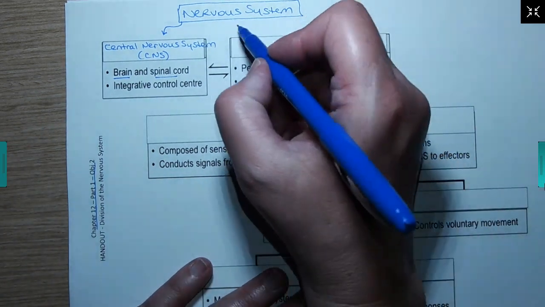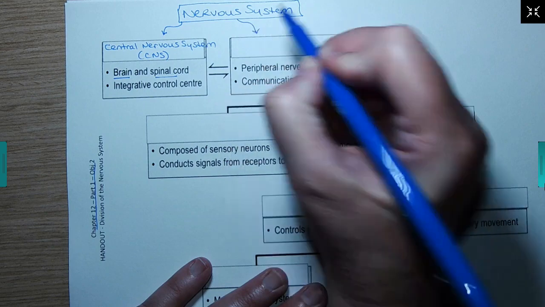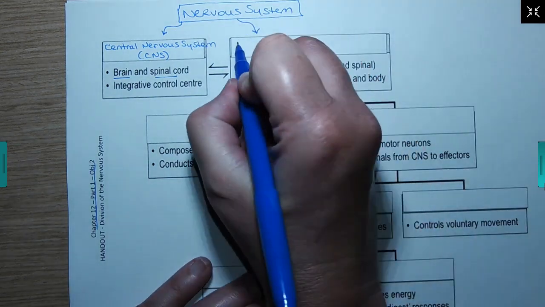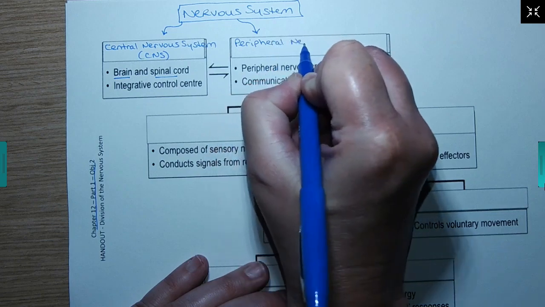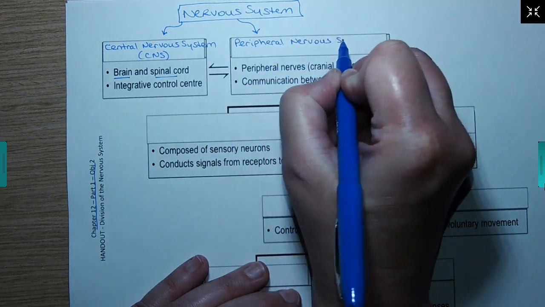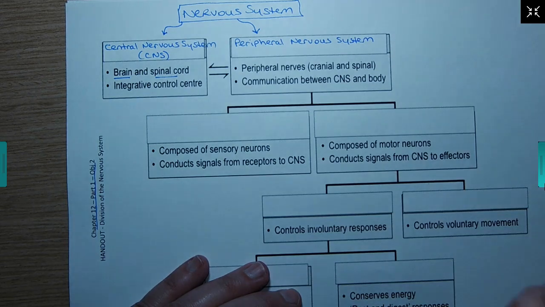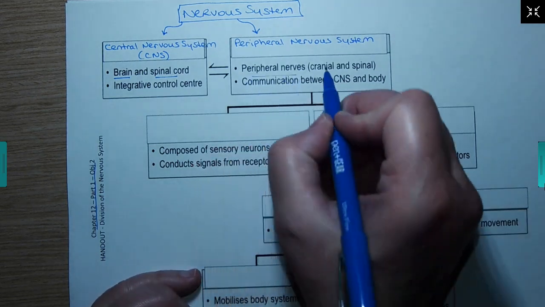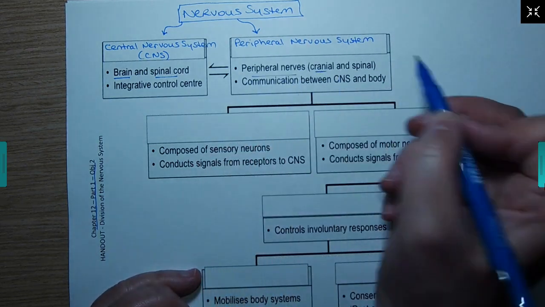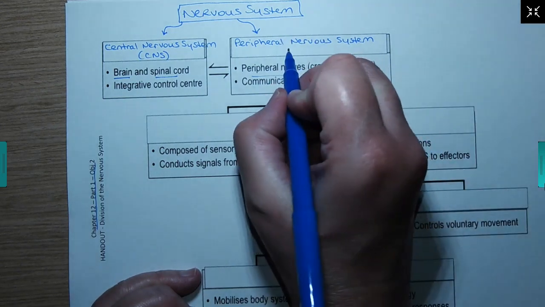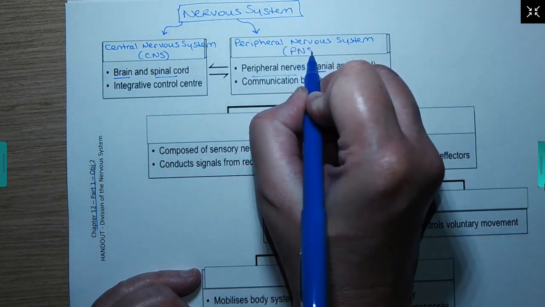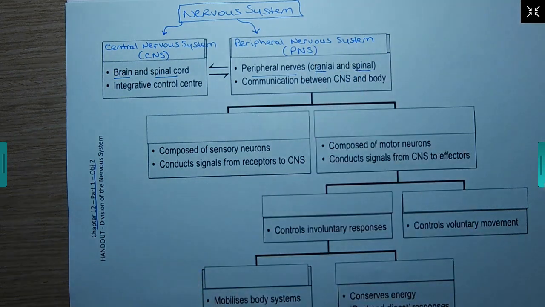Now the other division of the nervous system is the peripheral nervous system. And it's made up of those peripheral nerves, the ones coming off the brain called cranial nerves, and the ones coming off the spine called spinal nerves. And I'm going to abbreviate peripheral nervous system PNS.